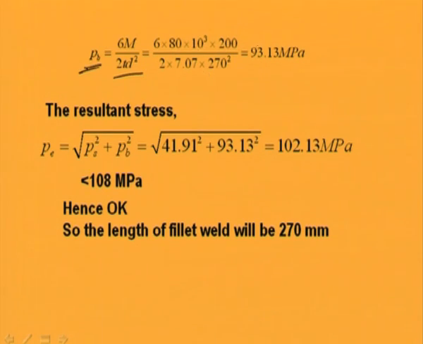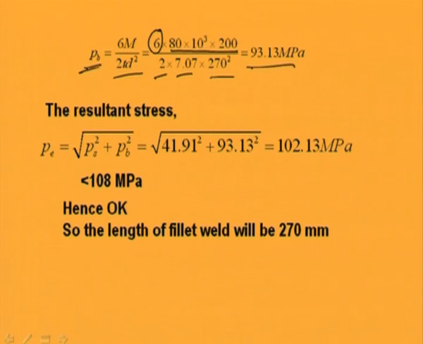So moment is P into E, 80 into 10 cube into 200. So 6 into this by 2Td square. So this is becoming 93.13. Remember, this Pb we had considered earlier as 108, and then we were getting the D as 251.